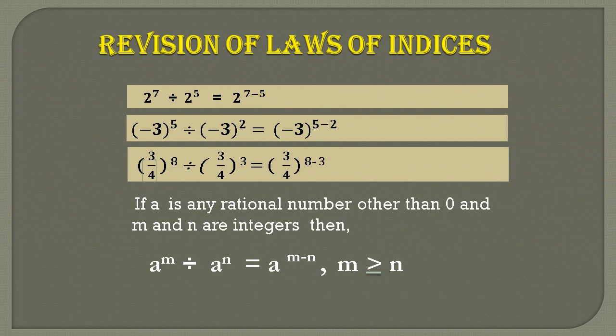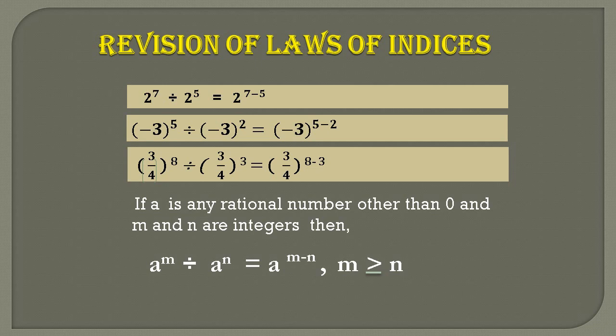Let us learn the next law of indices. Here you can see examples on the screen. In the first example, 2 raised to 7 by 2 raised to 5 is equal to 2 raised to 7 minus 5. In the second example, minus 3 raised to 5 by minus 3 raised to 2 is equal to minus 3 raised to 5 minus 2.